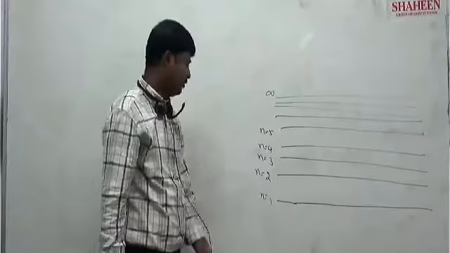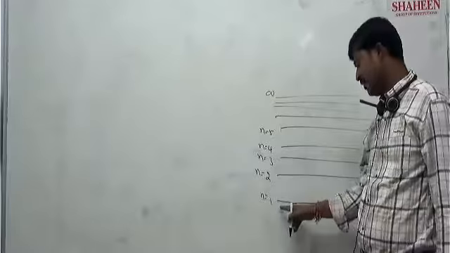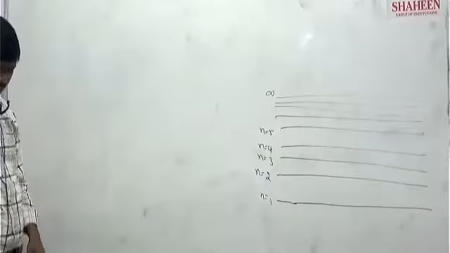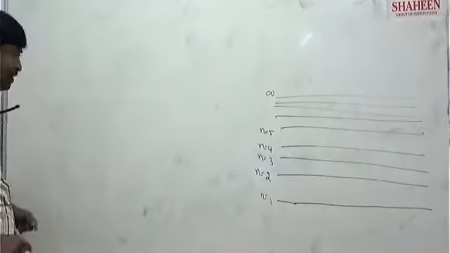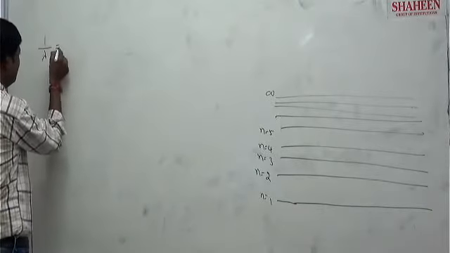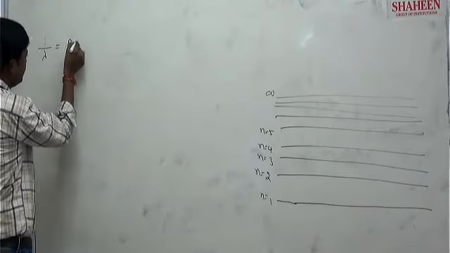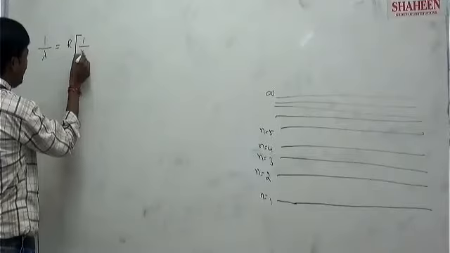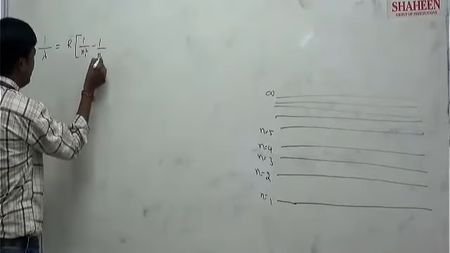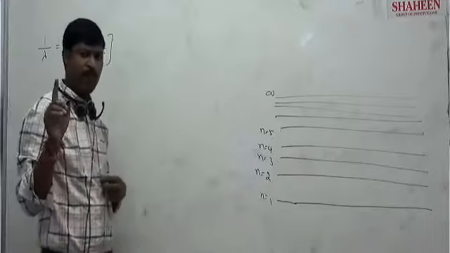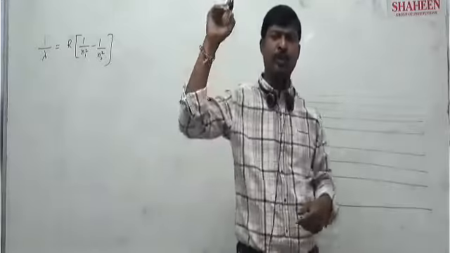In the Lyman series, the wavelength emitted is given by 1 by lambda, that is the wave number, equal to R into Z square, but for the hydrogen atom Z is 1 only, times 1 upon N1 square minus 1 upon N2 square, correct? For the Lyman series N1 is 1 and N2 will be 2, 3, 4 and so on.